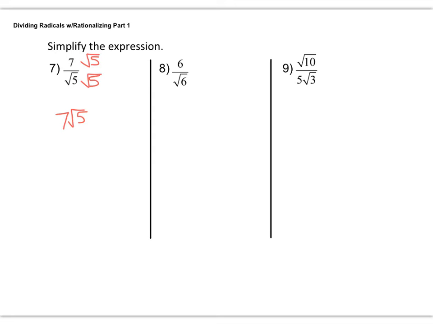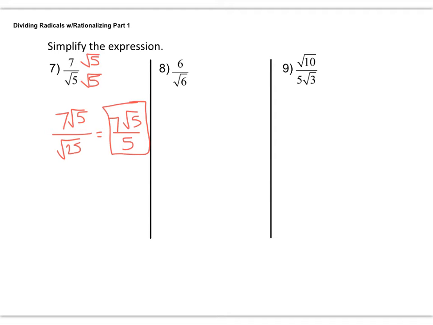One's an inside, one's an outside number. On the bottom, radical 5 times radical 5 is radical 25. And then I can simplify on the bottom because I know the square root of 25 is just 5. And I am done. Remember, our goal is to get rid of that radical on the bottom, and I did.